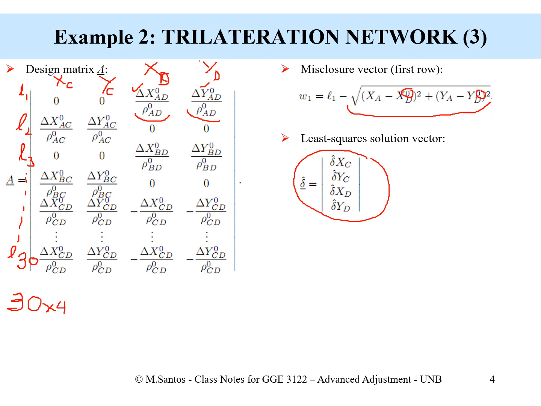So that's the design matrix. This is the misclosure vector. The misclosure vector is composed by taking the difference between each observation and its corresponding geometric distance.